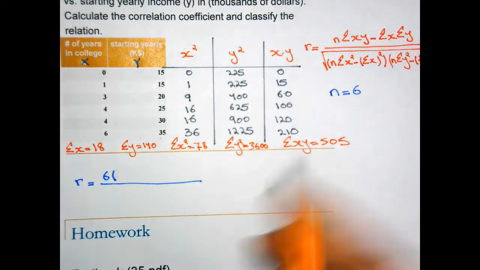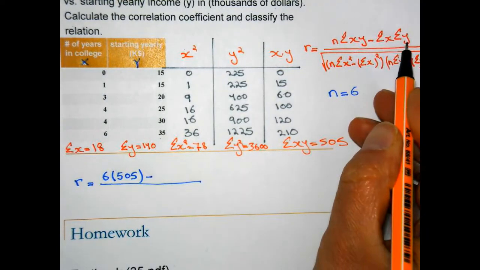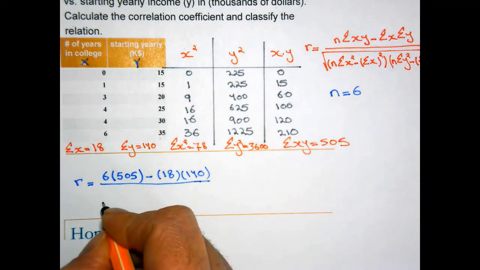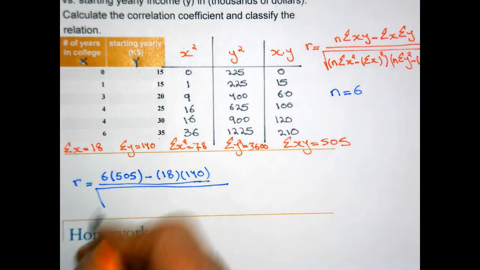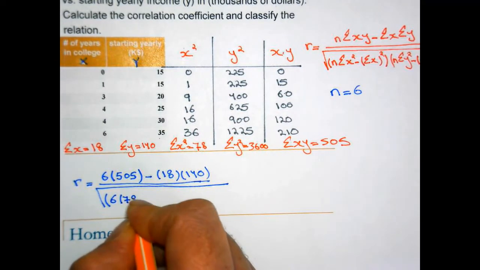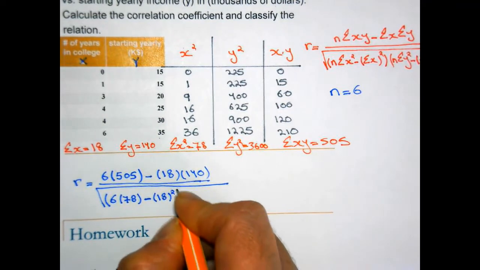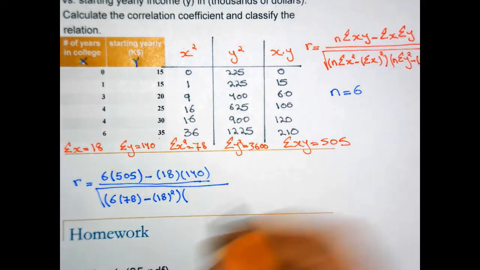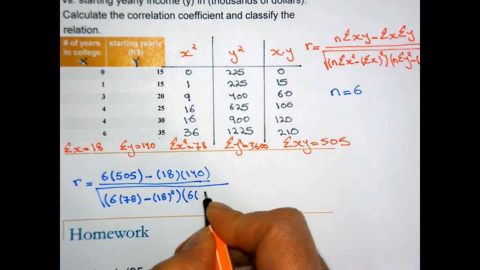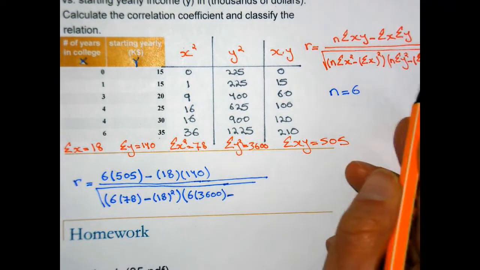So 6 times sigma xy, which is 505, minus sigma x times sigma y, so 18 times 140, over the square root of n, which is 6, times sigma x squared, which is 78, minus sigma x squared, so 18 squared, times n, which is 6, times sigma y squared, which is 3600, minus sigma y, which is 140, squared.